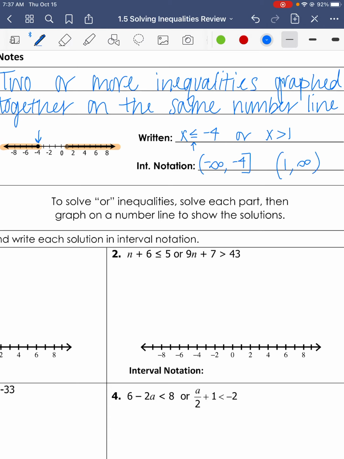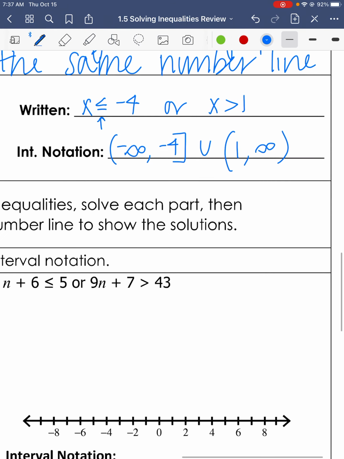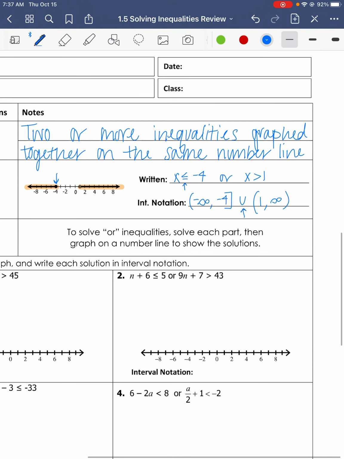So we're going to infinity, we're going to give it a parentheses because we always give the parentheses to infinities. And then we're going to connect these 2 with a U for union, okay? So if you're writing this into the formative, the problem set, just type in the letter U, because it doesn't have a union symbol on the keyboard, so that's fine.